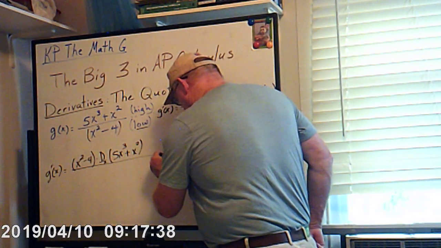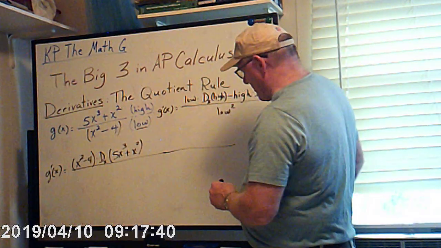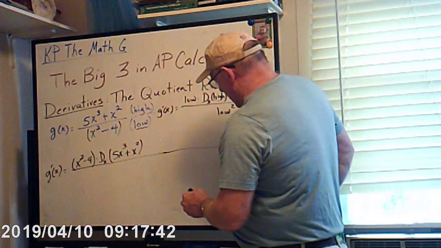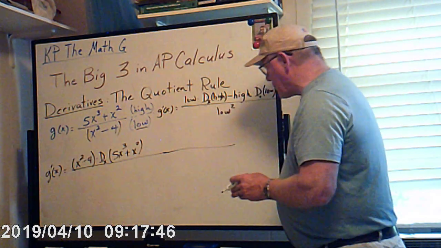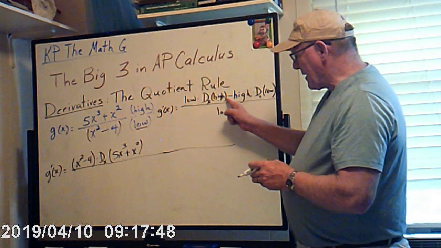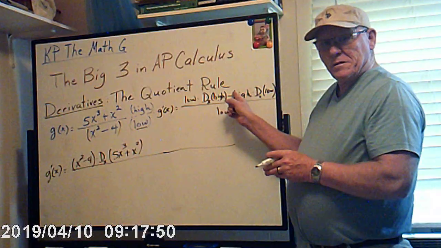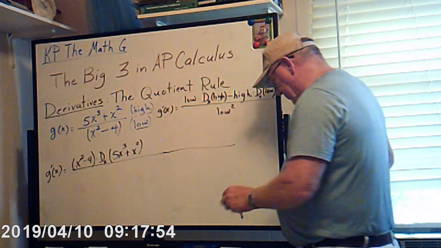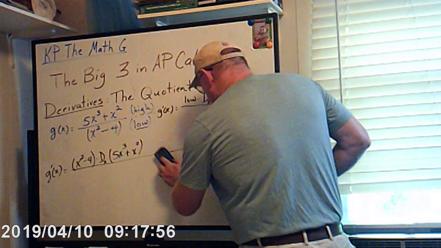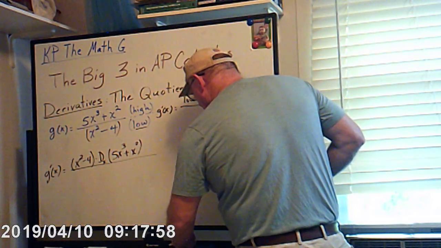It's going to be a long, drawn out problem. Now, in the product rule, it's plus, but in the quotient rule, it's always minus. So let me extend this out a little bit.